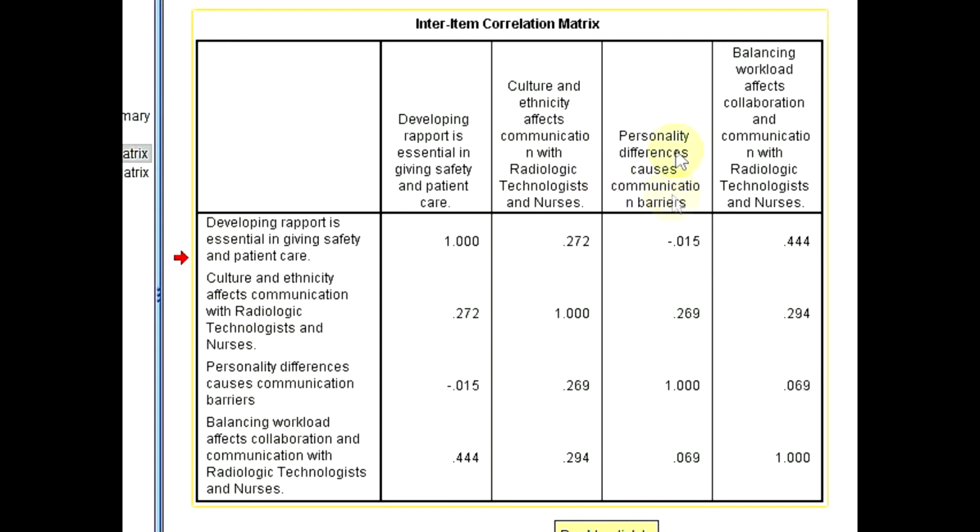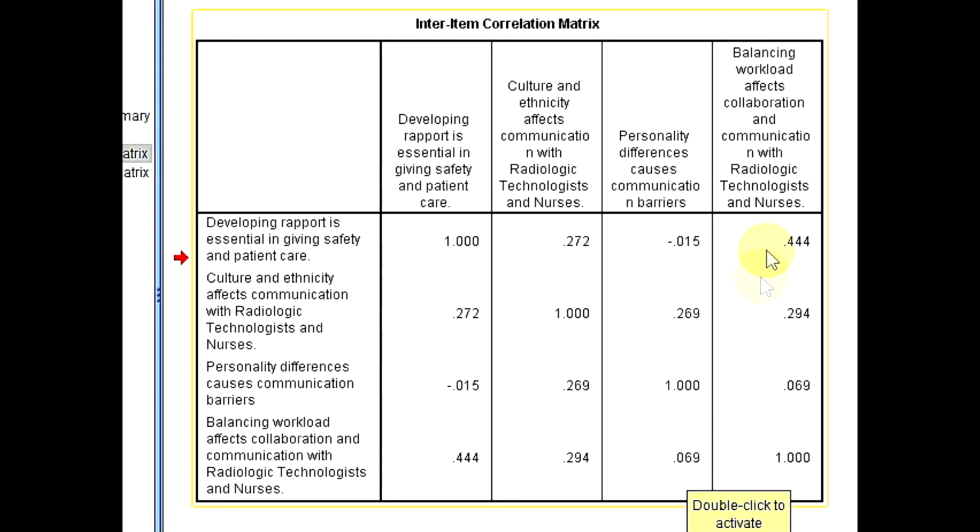Personality differences is low. I think this is what does not fit here. As you can see, it is negatively related to question number 1, and related somehow to question number 2. It's 0.269, so the relationship is low but tolerable. But then again, it has a very low relationship with question number 4.